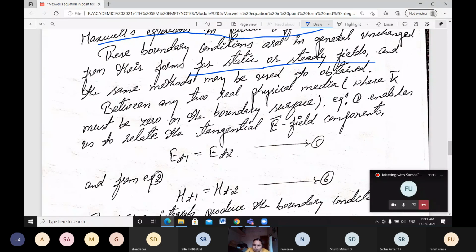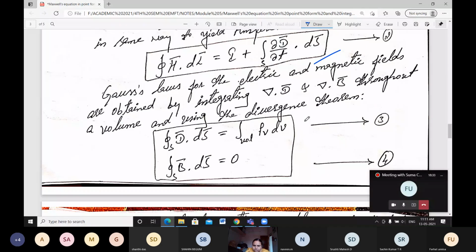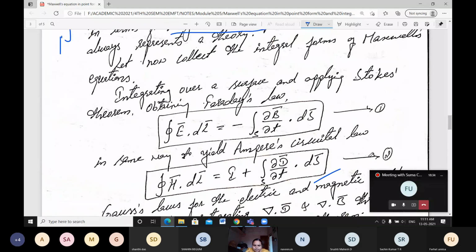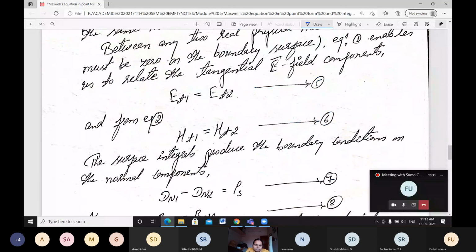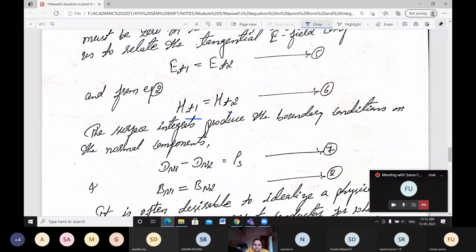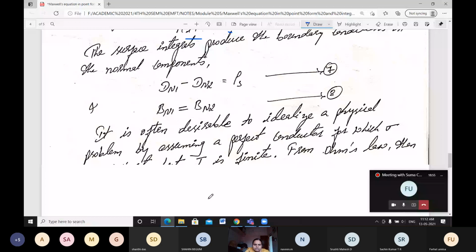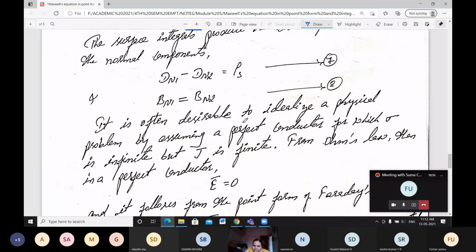Then from equation 2, Ht1 is equal to Ht2 if I am taking the boundary limit from region 1 to region 2. Then the surface integral produces boundary conditions on the normal component: Dn1 minus Dn2 is equal to rho s, and Bn1 is equal to Bn2.